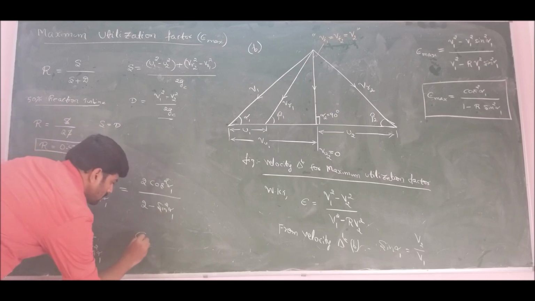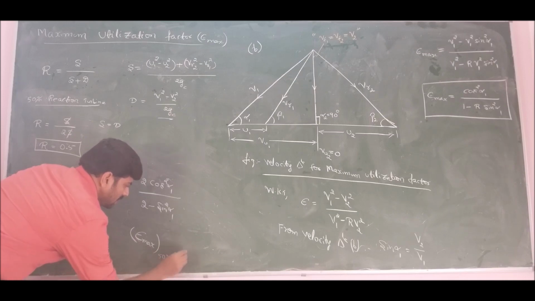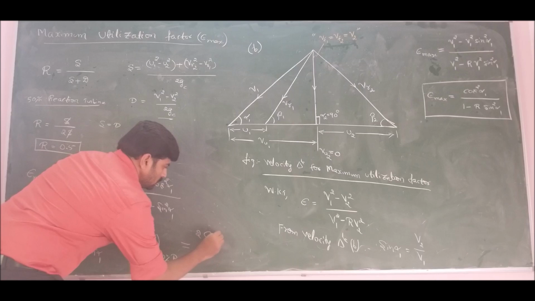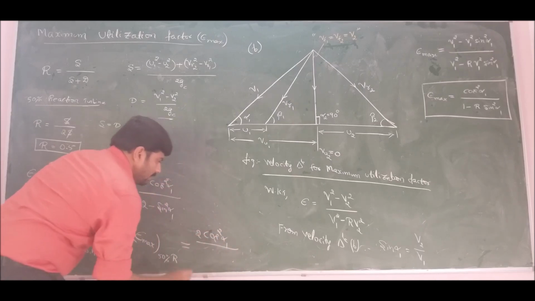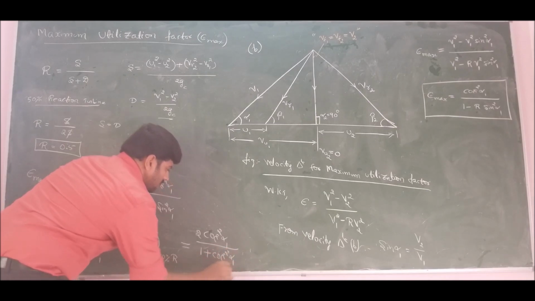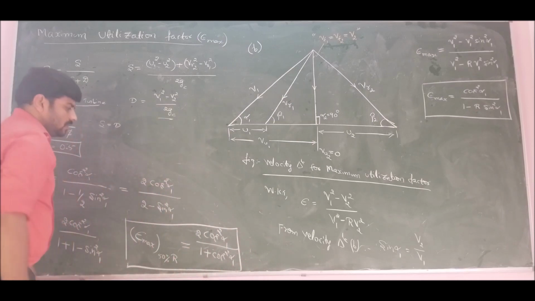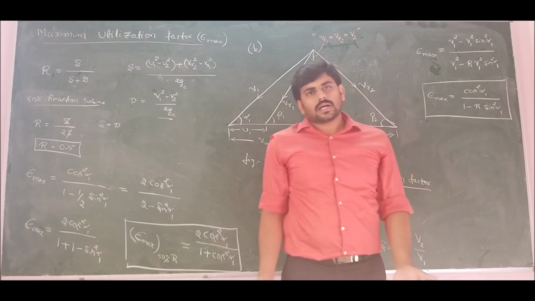So therefore, the expression for the maximum utilization factor for a 50% reaction turbine is 2 cos square alpha 1 divided by 1 plus cos square alpha 1. The maximum utilization for an impulse turbine is given by cos square alpha 1.